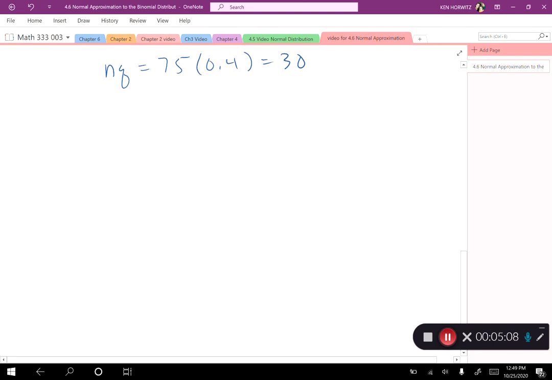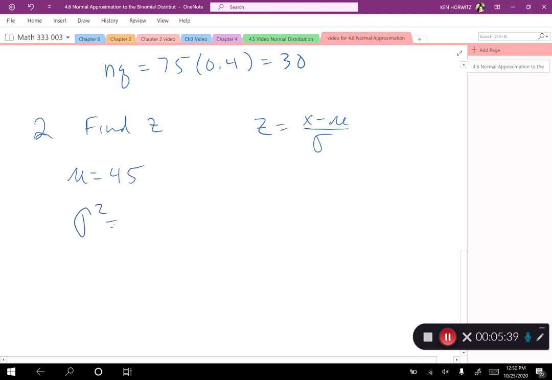So in order to get z, I need my mu. So now we're going to find z. I'm going to use z equals x minus mu over our standard deviation. Our mu we already calculated was 45.